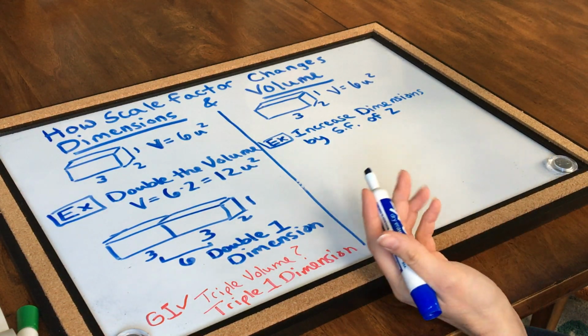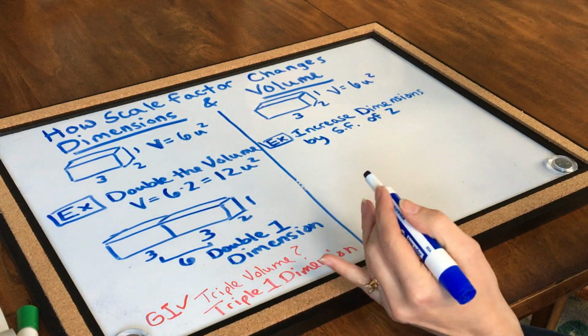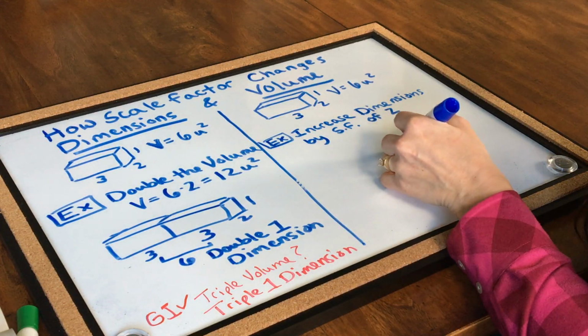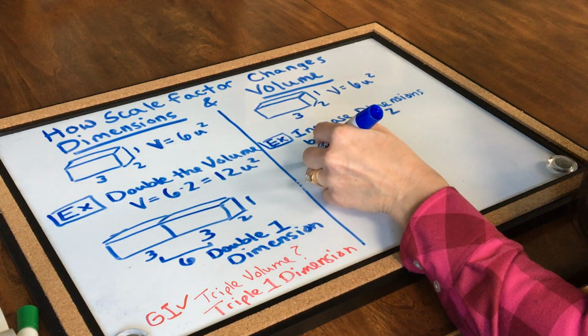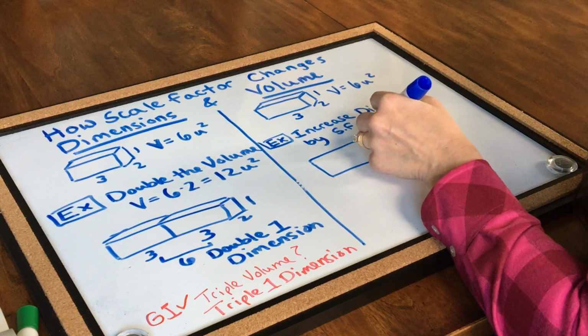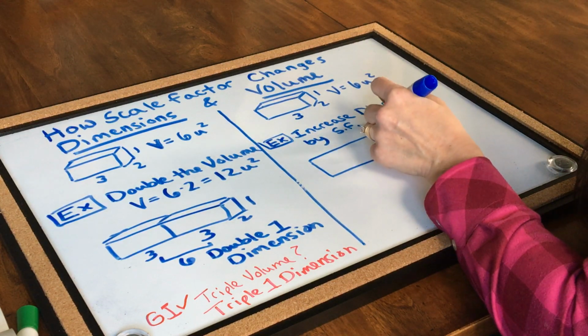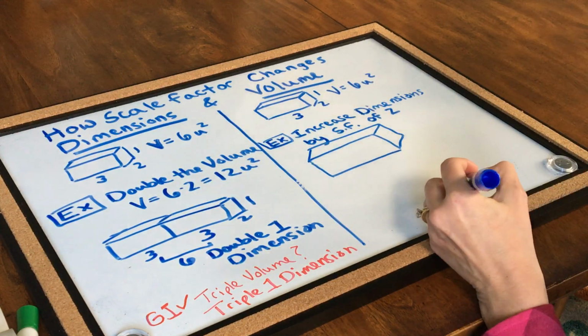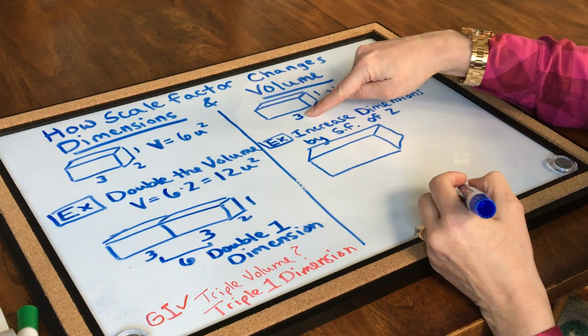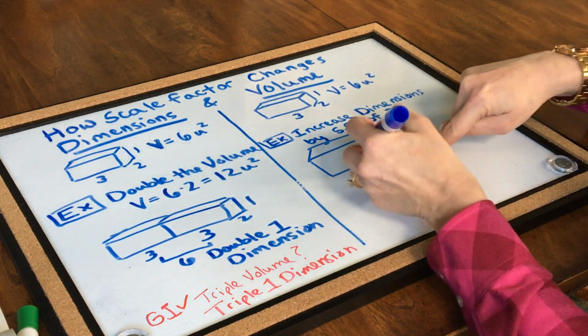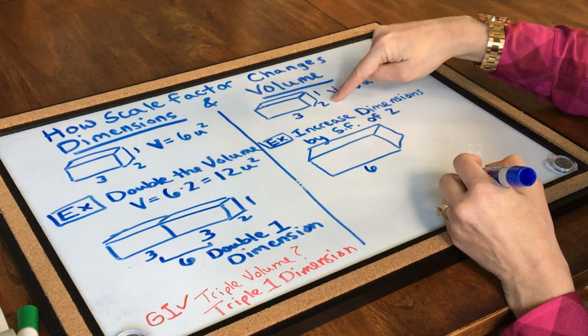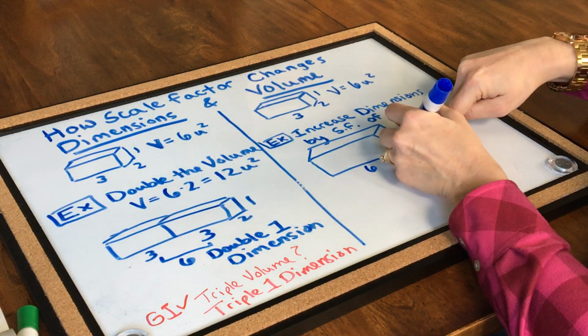Well, if I double the dimensions, let's think about what my new box will look like. My new box will be relatively the same shape, but it's going to be 2 times bigger on every side. So instead of being 3 here, it's going to be 6. Instead of being 2 here, it's going to be doubled, 4.